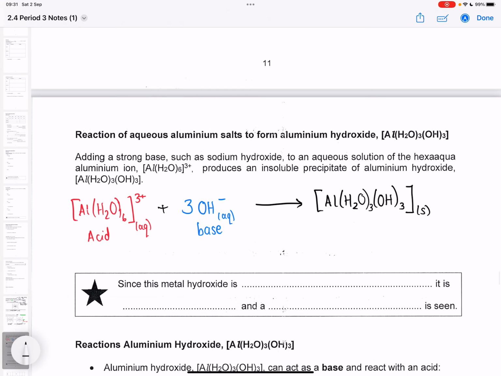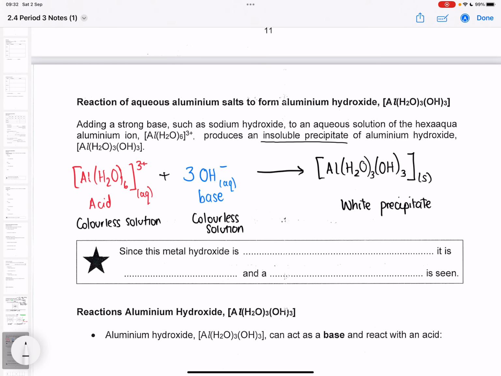And we'll notice here it says insoluble precipitate. So we've got a colourless solution of aluminium 3+. We've got a colourless solution of sodium hydroxide or potassium hydroxide. And then all of a sudden we mix those two together and we form a white precipitate of aluminium hydroxide.